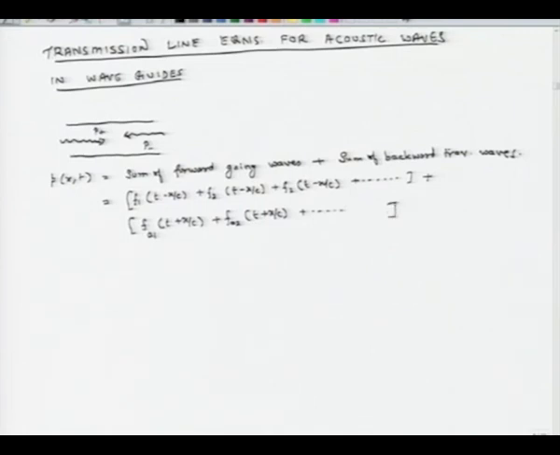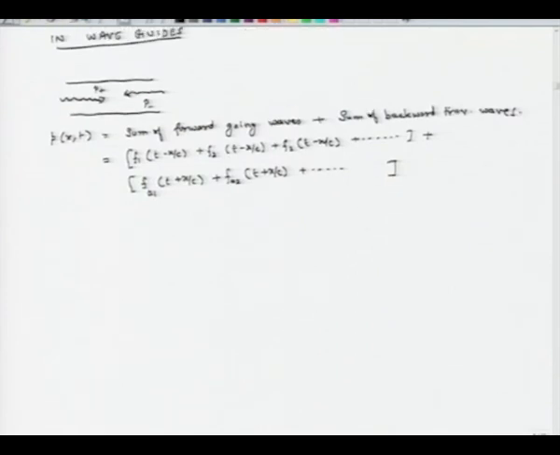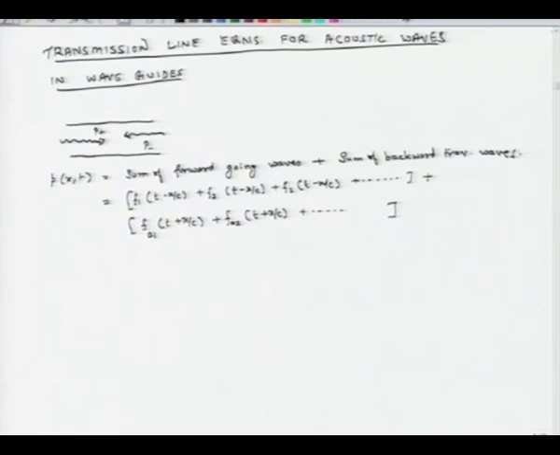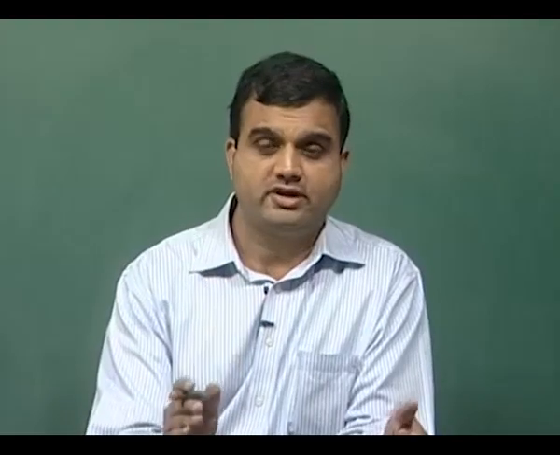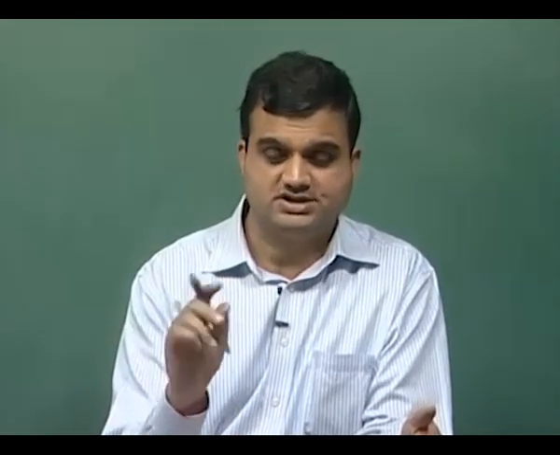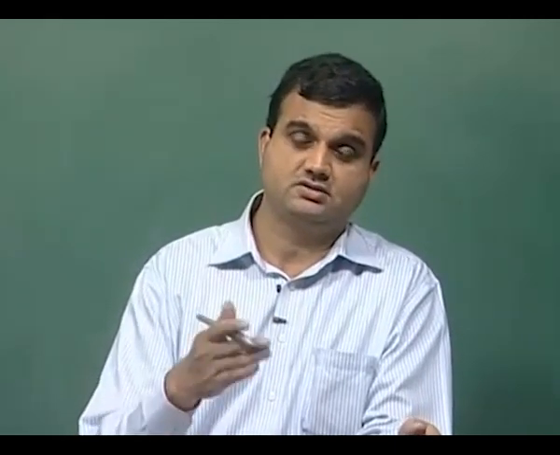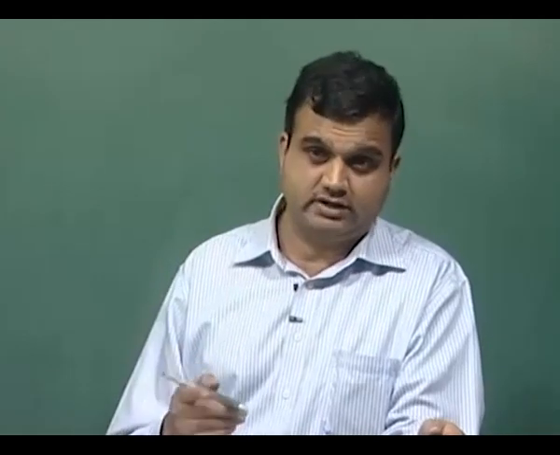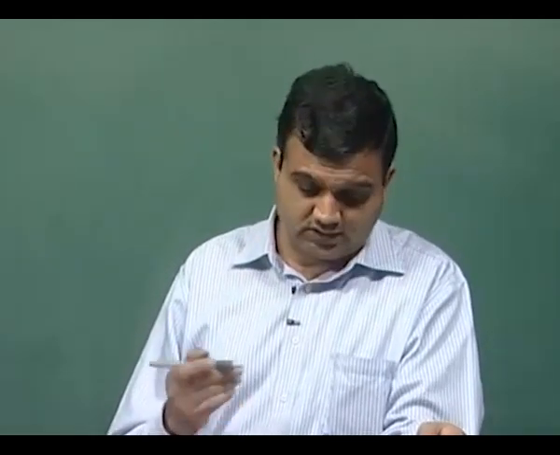Now, if we have a situation that the forward traveling wave is harmonic in nature, let us say I have a piston and it is generating sinusoidal waves at this point, then the forward traveling wave and the backward traveling wave will be harmonic in nature, sinusoidal in nature.